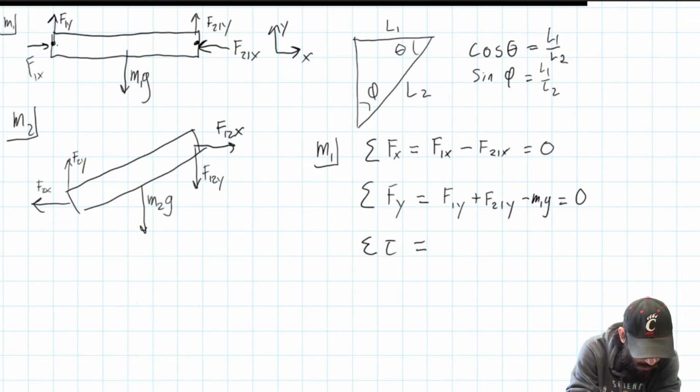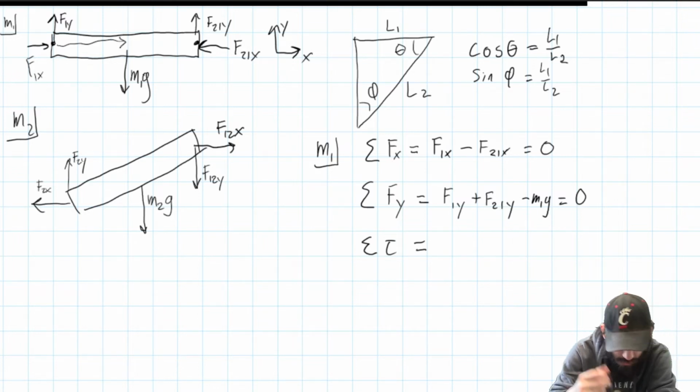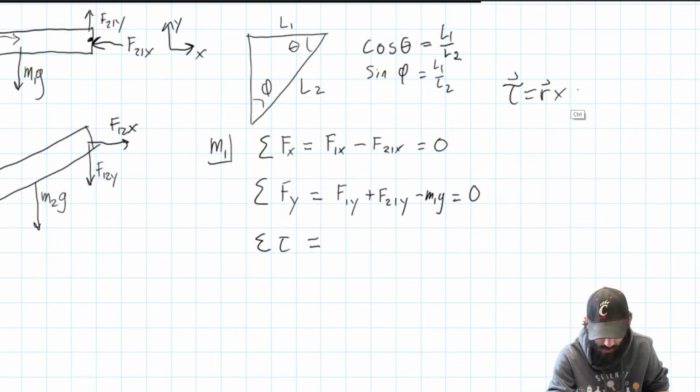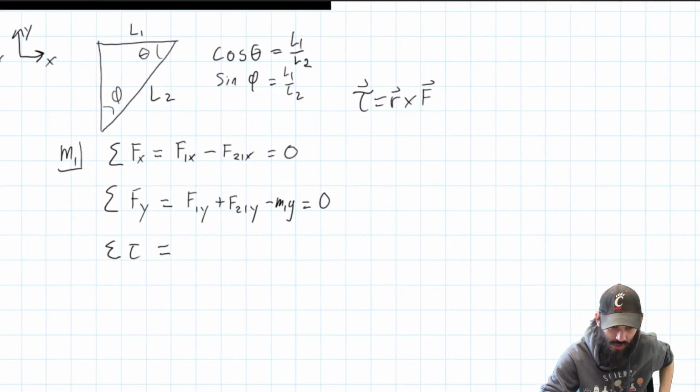I want to pause for a second and talk about the way that I defined the cross product in the last video and how I can use that here. We had those 2 definitions. Here, torque is equal to R cross F. This cross product can be written 2 ways.